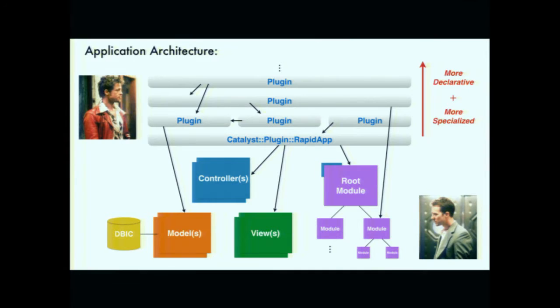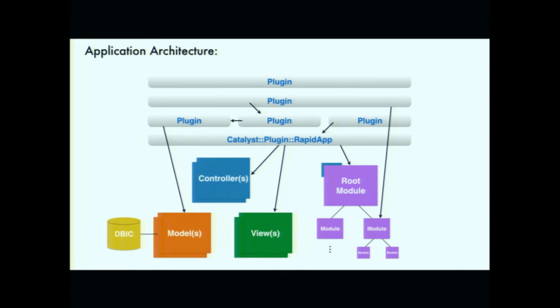So with RapidApp, these layers are configuration layers, not encapsulation layers. They simply assemble the components that are already provided by the lower levels, which you could do yourself as well. So not only do you not have to know the DSL for modules, you don't even have to know how Catalyst works for that matter.